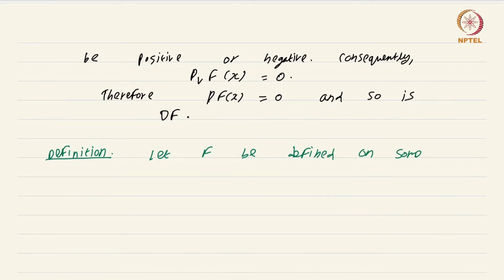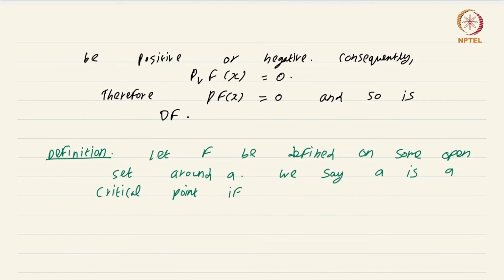I don't really care what open set it is. Open set around A. We say A is a critical point if gradient of f at A is 0.